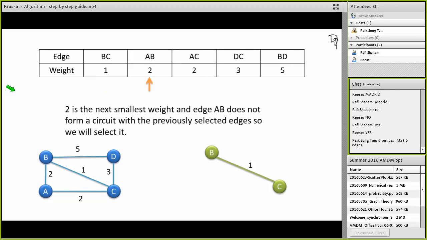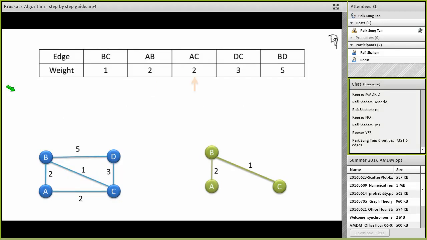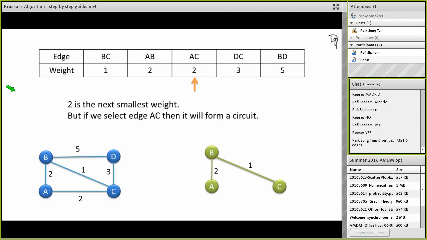1 is the smallest weight, so we'll select that. 2 is the next smallest, so we'll select that. So we keep this one, keep AB, and then the next one, it formed a circuit now because it's a circle, right?